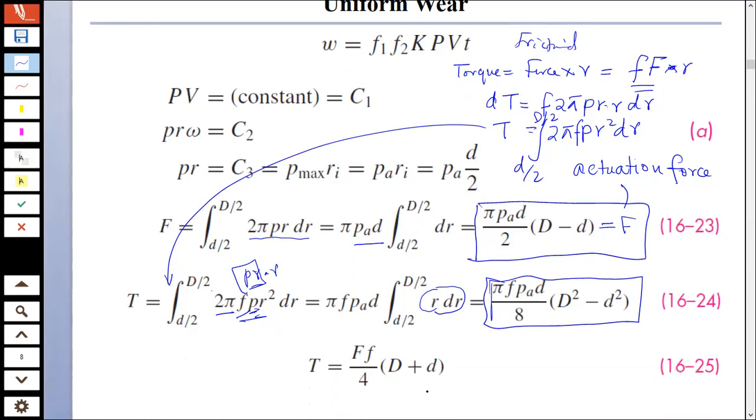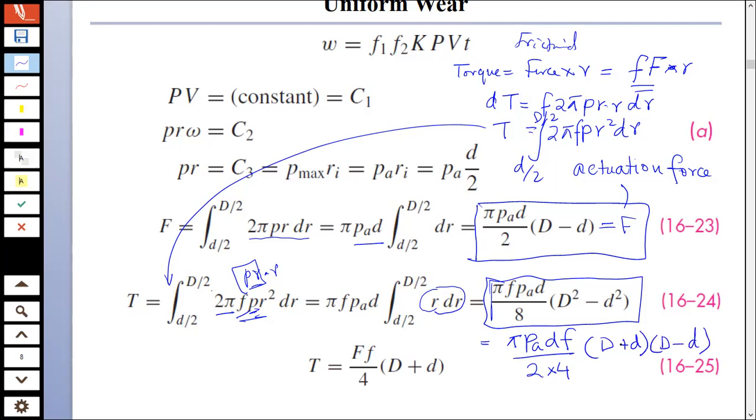Similarly, if I want to write this in terms of F, so basically what I would do is I will split this equation, or I'll write this as pi pa d f by 2 times 4. D square minus d square, so I'll write this as D plus d into D minus d.